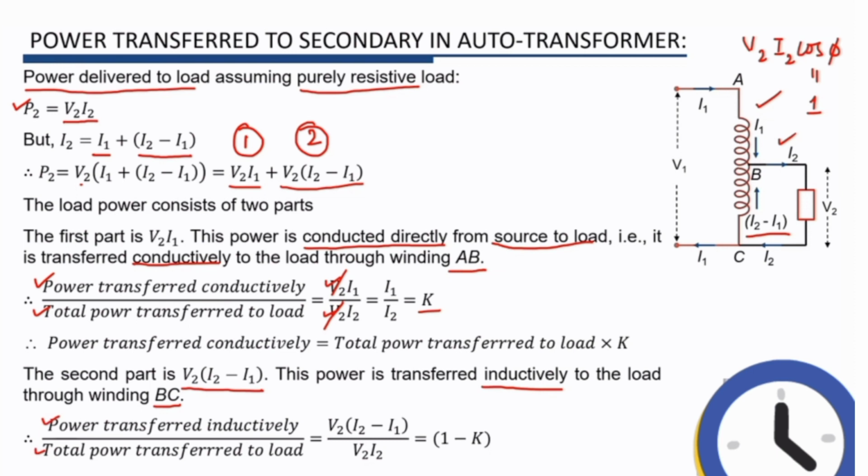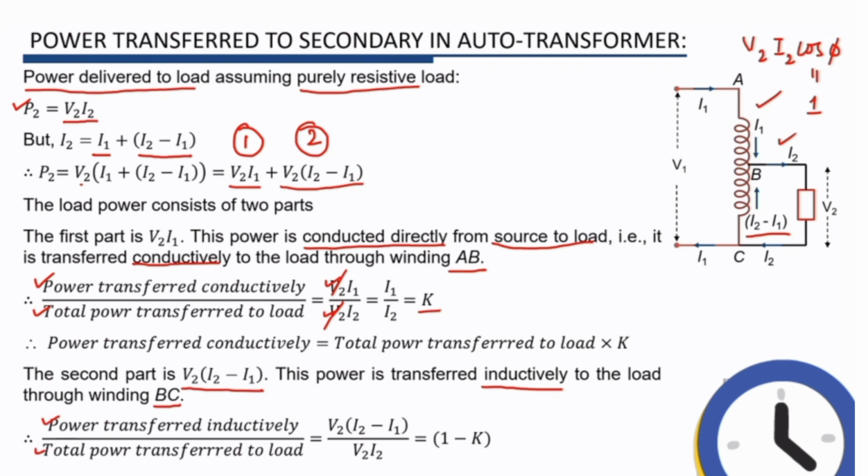The first form of power transferred to the load is V2 I1. It is directly transferred from the voltage source to the load, right? So V2 I1 divided by V2 I2: the V2 in the denominator and numerator gets cancelled, and we get I1 by I2.